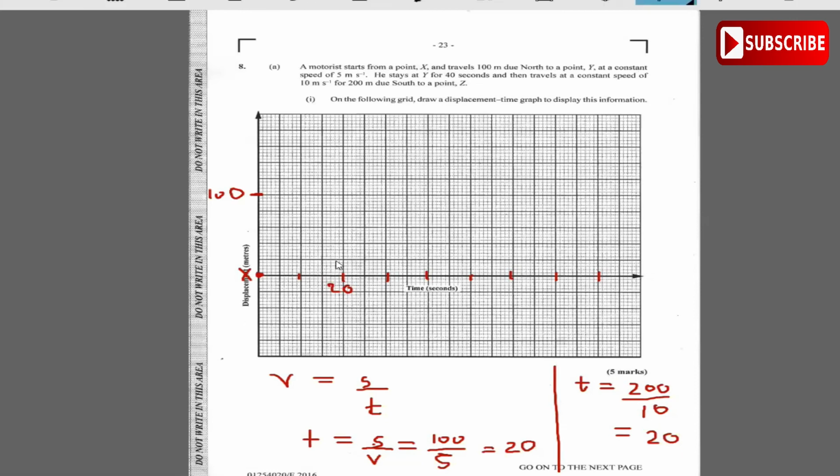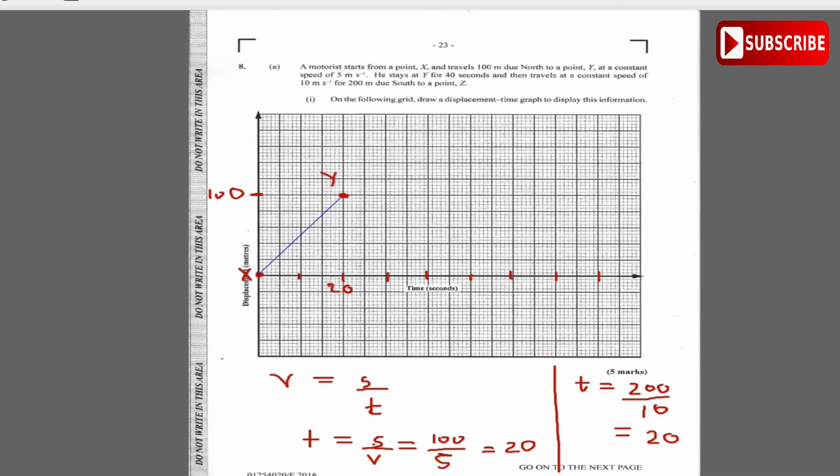So in the first 20 seconds, he travels 100 meters. So this is this now. After he travels this 100 meters in 20 seconds, he gets to his destination Y. So this is his destination Y. And it said he stays at Y for 40 seconds.